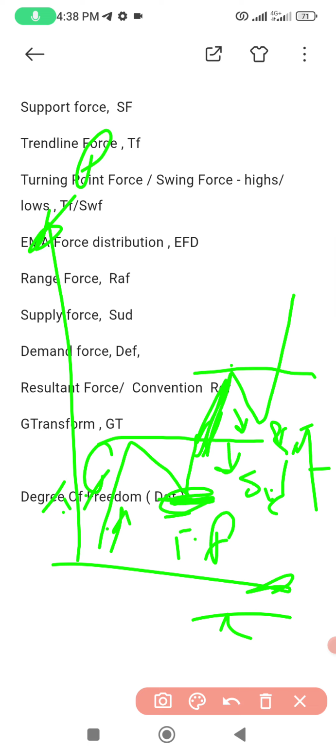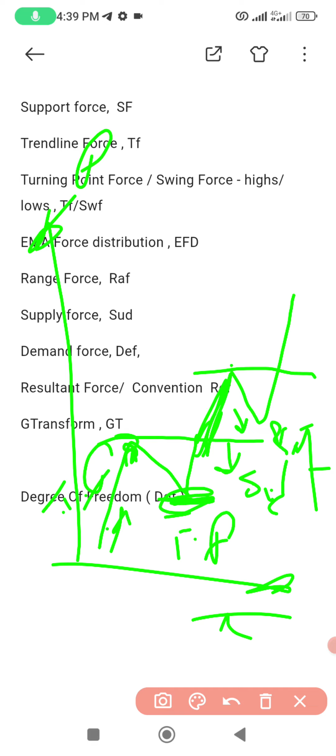Then geometrical transform, or GT, is something that happens at certain zones, especially near a turning point or swing point, because price has to perform this geometrical transformation for the trend to change. What makes a lot of traders misunderstand these actions is low mathematical and scientific skills, because the market is more than mathematical and scientific. Now I'm going to go into geometrical transformation, degree of freedom, and convention reference.